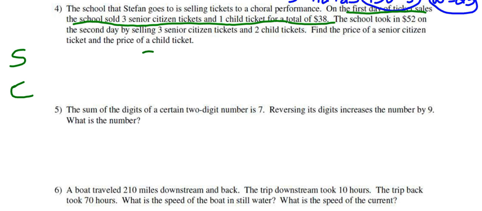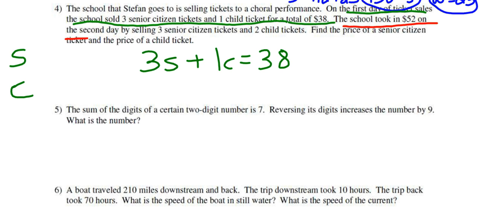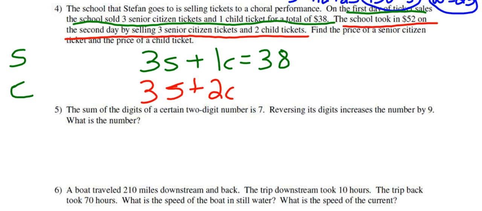So on the first day we had 3 senior citizen tickets and 1 child ticket, and they made $38. On the second day, they made $52 by selling 3 senior citizen tickets and 2 child tickets. So that would be 3S again, S for senior citizens, and 2C now, and that equals 52.